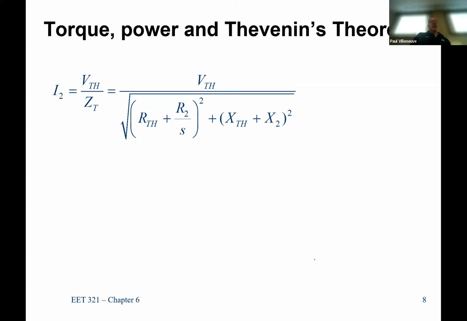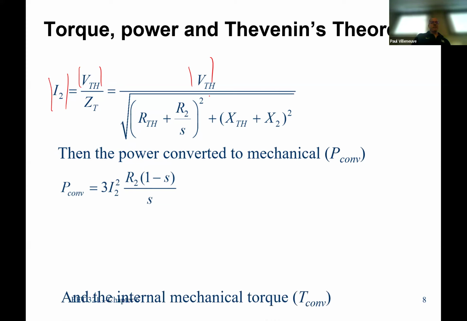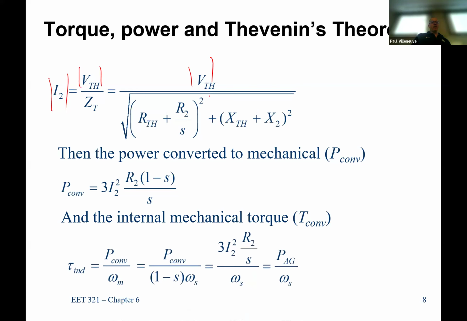And you can see I've broken it up. So this really is a magnitude, right? Now my mechanical power is just 3 I2 squared times R2 times 1 minus S over S. Just what we talked about for our equivalent circuit. And now our internal torque is just P converted divided by omega sub M, or P air gap divided by omega sub S. But more importantly, I can pull that from knowing what that power is.